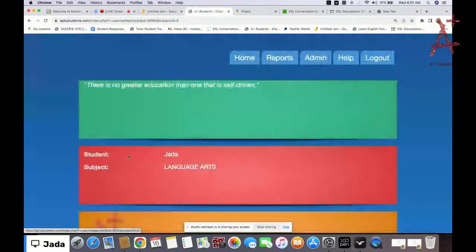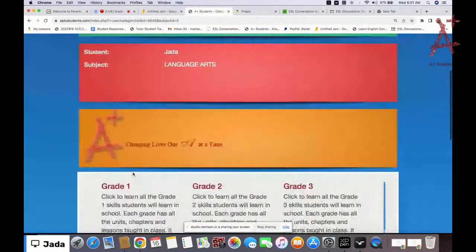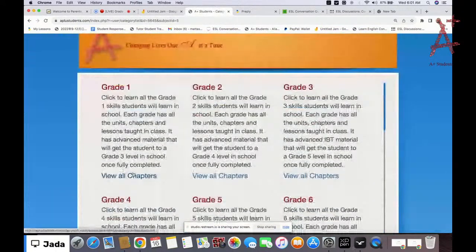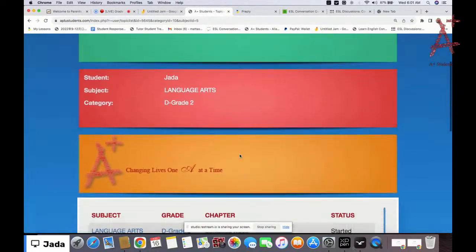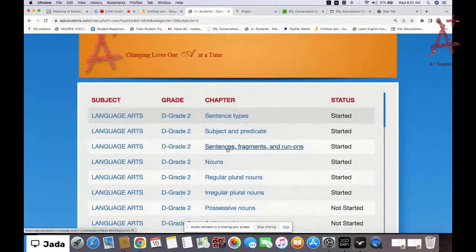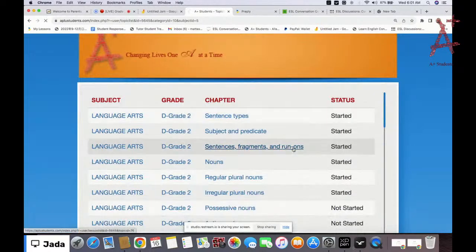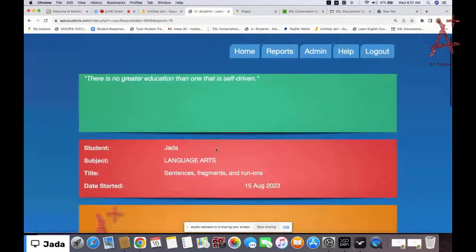We're going with language because we're having language arts, and because we are on grade 2, we just click on grade 2, and then we'll move on to the chapter for today. The chapter we're going through is sentences, fragments, and run-ons. So you click on the chapter you're working on.